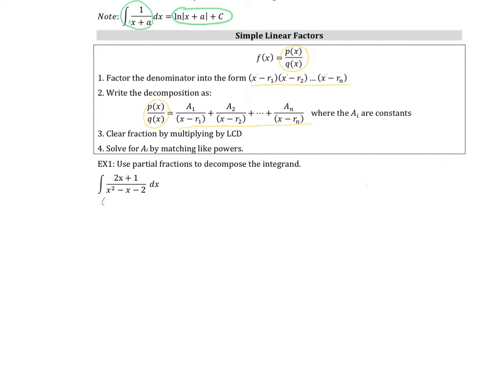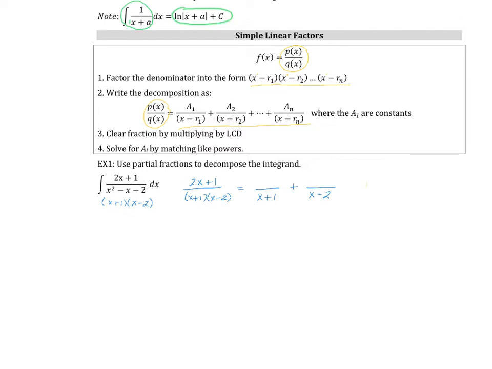So this quadratic will factor as x plus 1, x minus 2. So our integrand, 2x plus 1 over x plus 1, x minus 2, we're going to break up into two fractions.